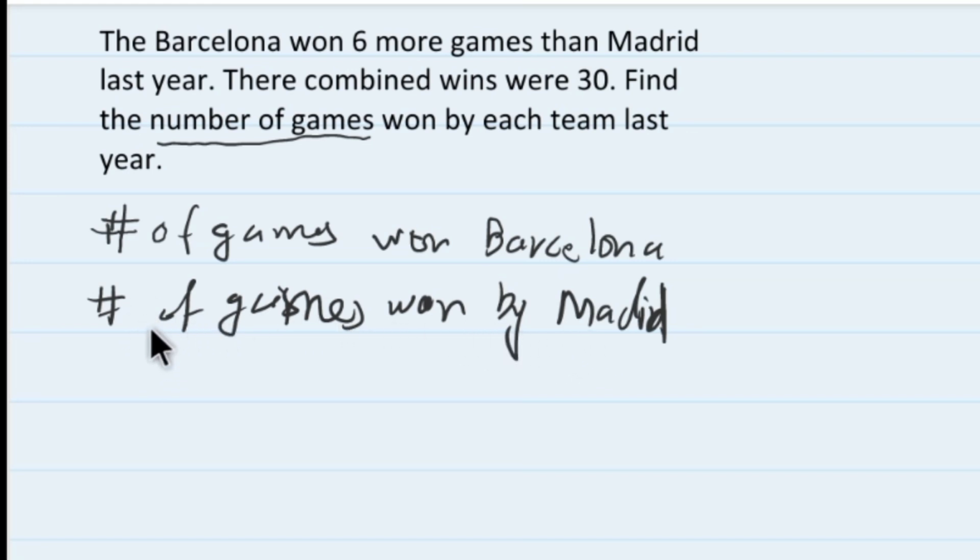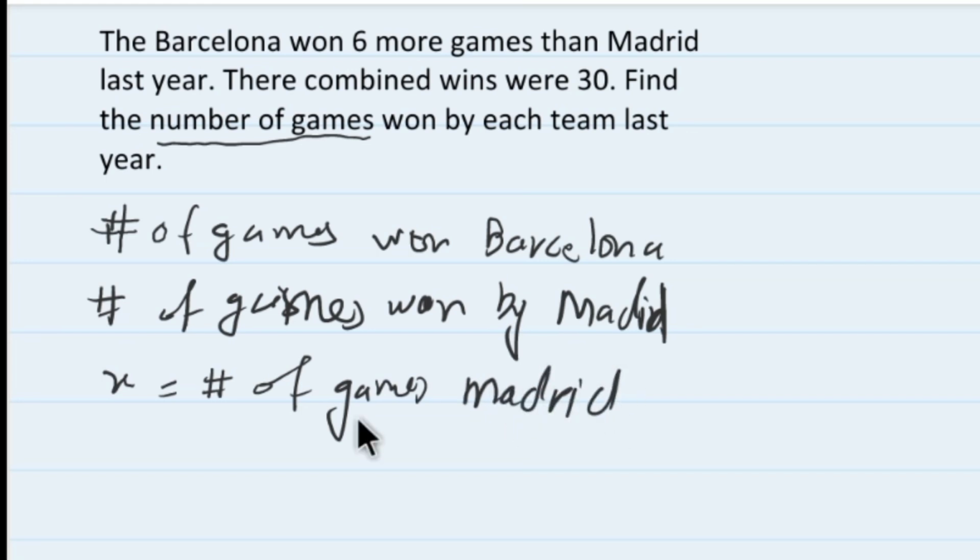The next step is to assign a variable to the unknown. Our unknowns are the number of games won by Barcelona and the number of games won by Madrid. So let us suppose x is equal to the number of games won by Madrid. Now what does the problem say?